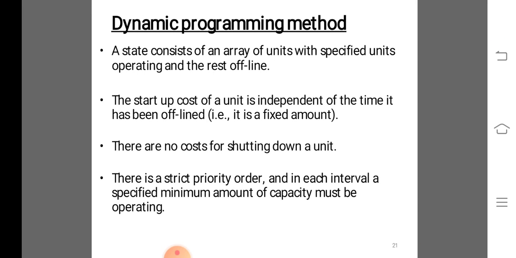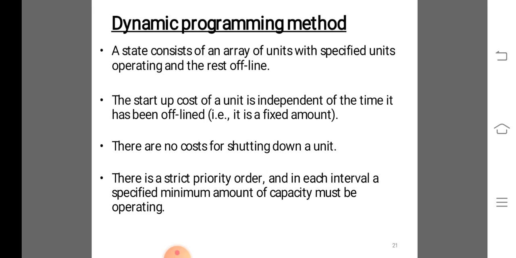There is a strict priority order, and in each interval a specified minimum amount of capacity must be operating. A feasible state is one in which the committed units can supply the required load and that meets the minimum amount of capacity each period.